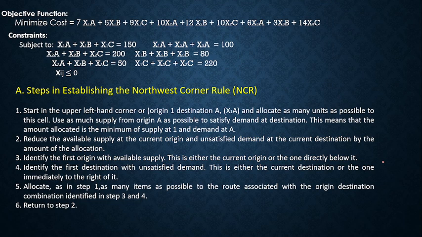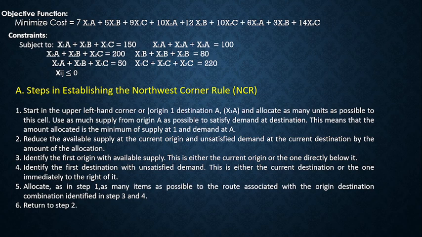Sige. So, here are the steps in establishing the northwest corner rule or NCR. Okay, step number 1. Start in the upper left-hand corner or the origin 1 destination A, X sub 1A, and allocate as many units as possible to this cell. So use as much supply from origin A as possible to satisfy the demand at the destination.